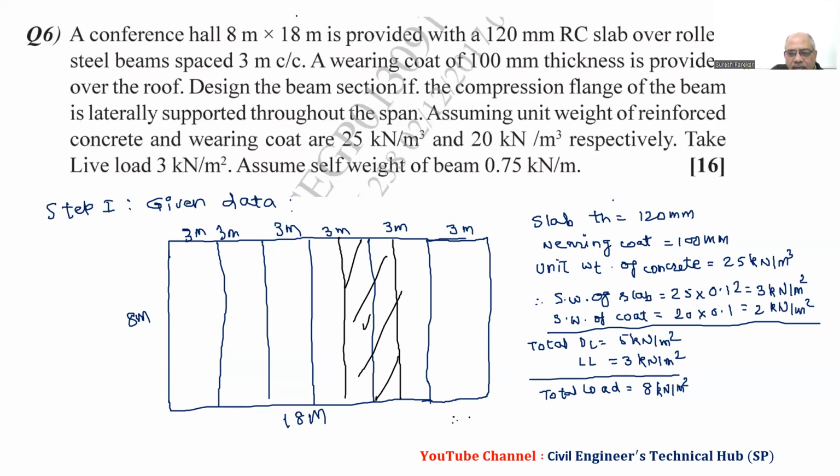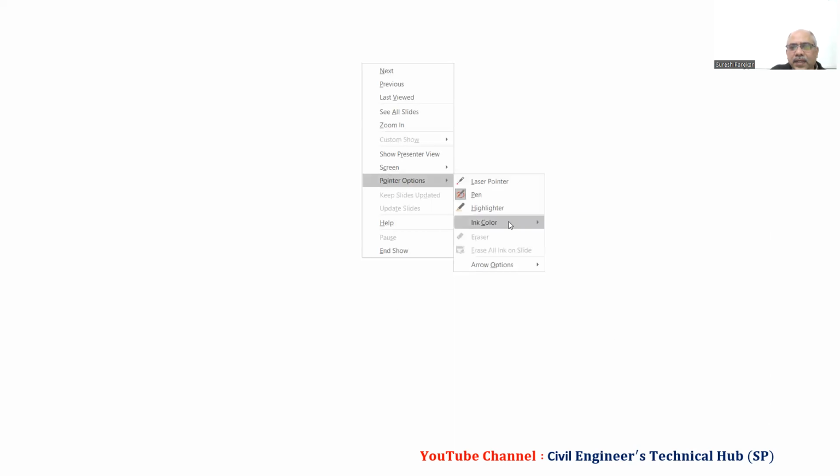And therefore we will get the UDL, total load equal to 8 into 3, 24 kilonewton per meter. So this is the important part. Once we know this, then remaining things we can do easily.